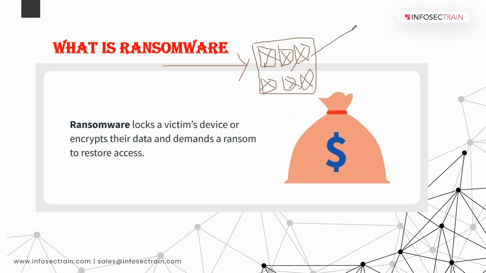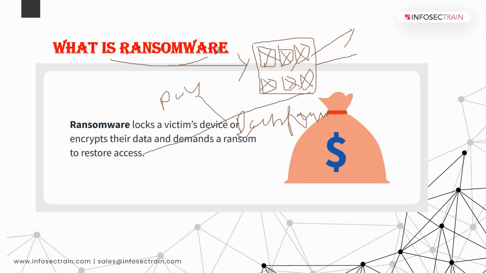If you want to decrypt the files, you need to pay the ransom to the attacker. Only then will he give the decryption key so you can access your confidential files. In order to avoid a ransomware attack, we need to take backups.